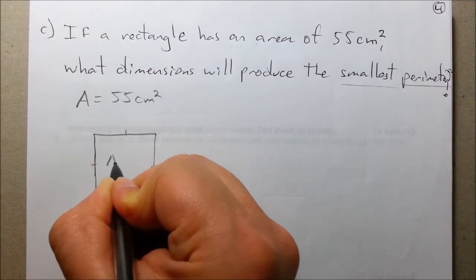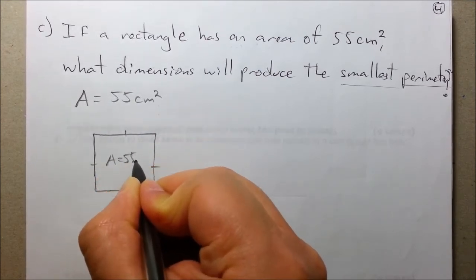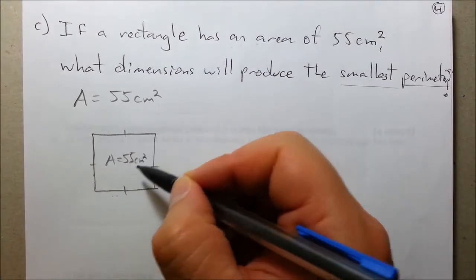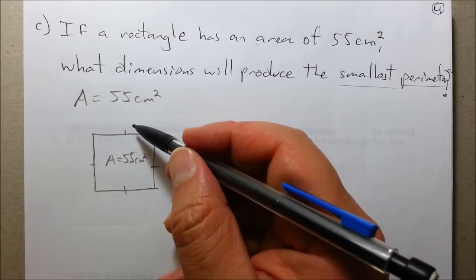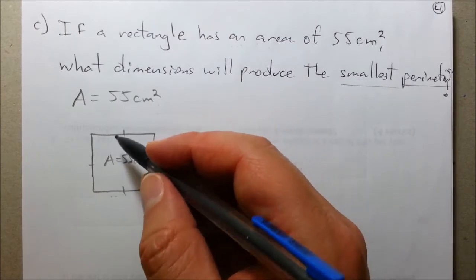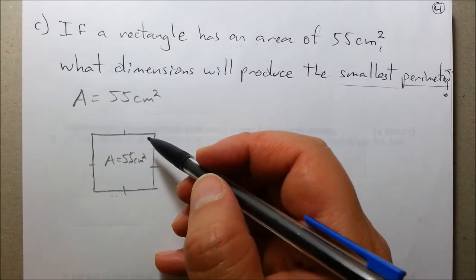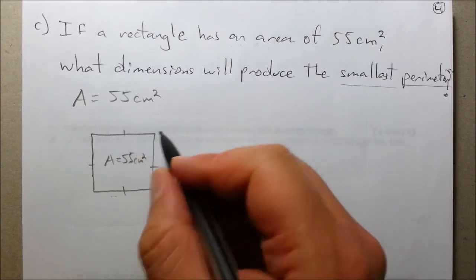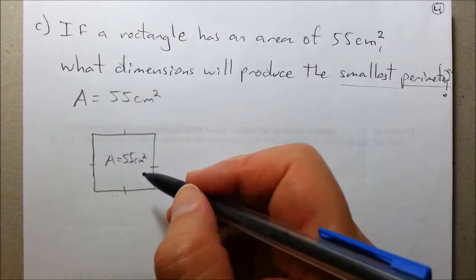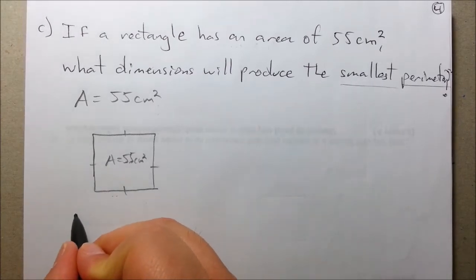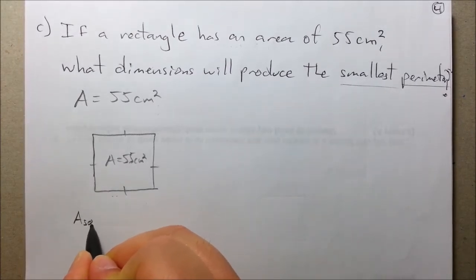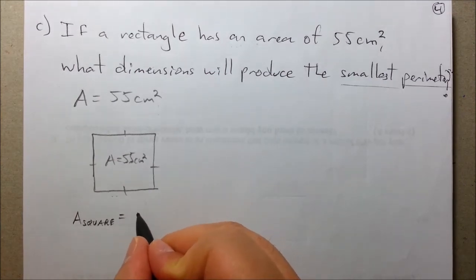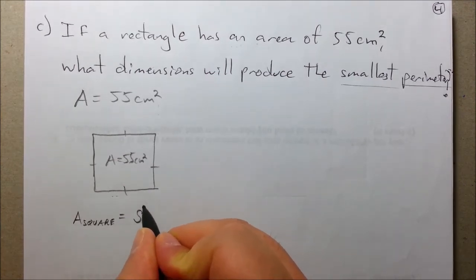If we know that the area is going to be 55 centimeters square, how do we get the side lengths? Well, if it's going to be closest to a square, we're going to have to square root. If we think about it, the formula for the area of a square is equal to the side length squared.